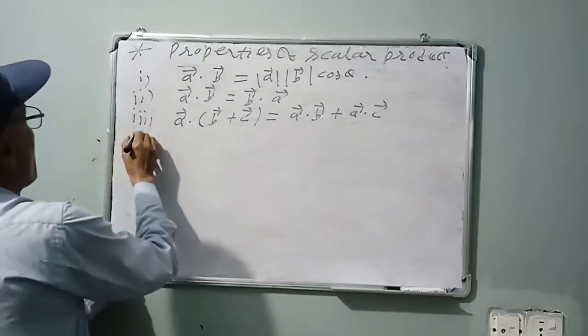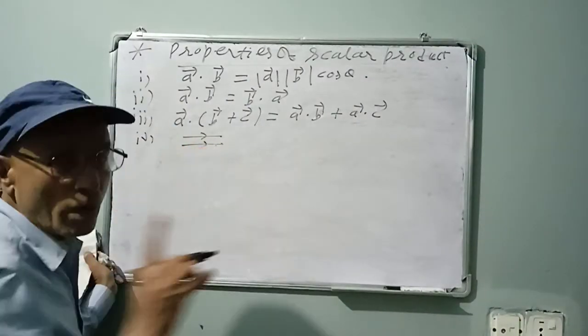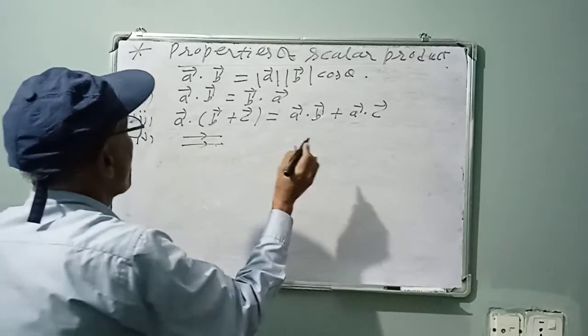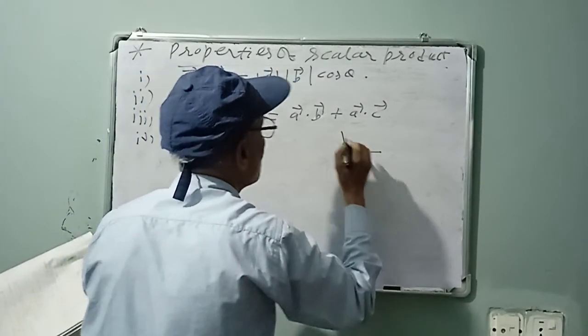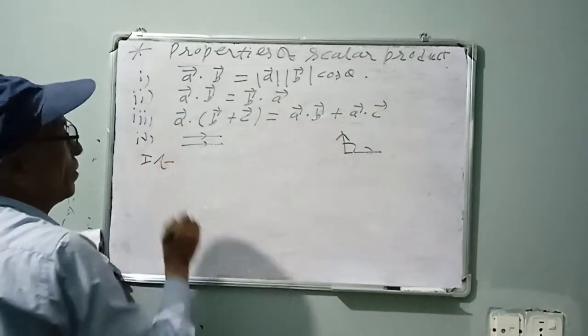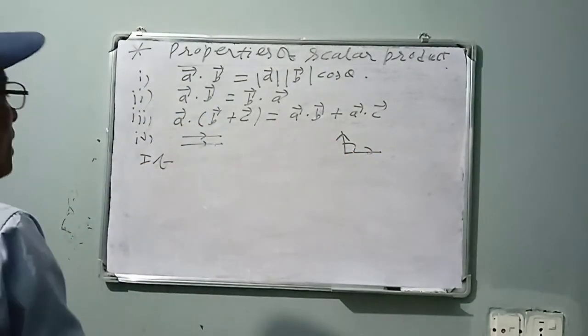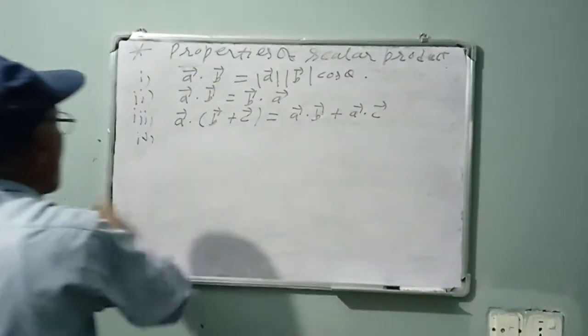Another very important thing is parallelism. Under which condition are vectors parallel, and under which condition are they perpendicular? First, the condition of parallelism.